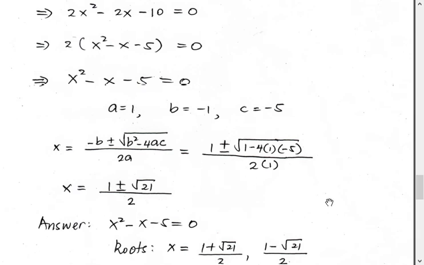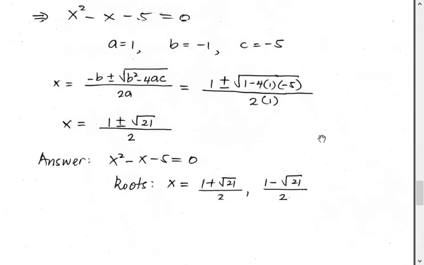Applying the quadratic formula, we have minus b plus or minus square root of b squared minus 4ac all over 2a. Plugging in the values for negative b, that's negative of negative 1, that becomes 1, plus or minus, well, negative 1 squared is 1, minus 4 times 1 times negative 5, all over 2 times 1.